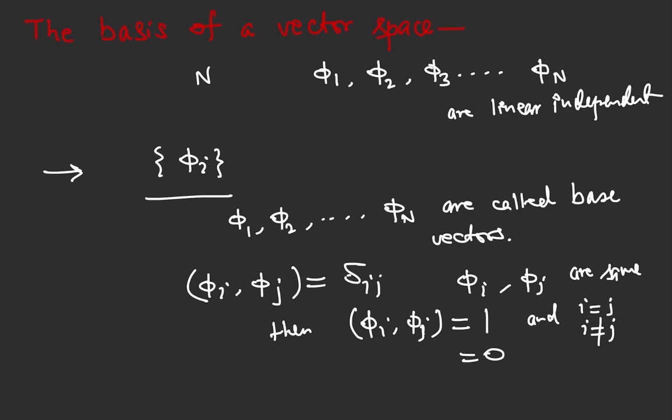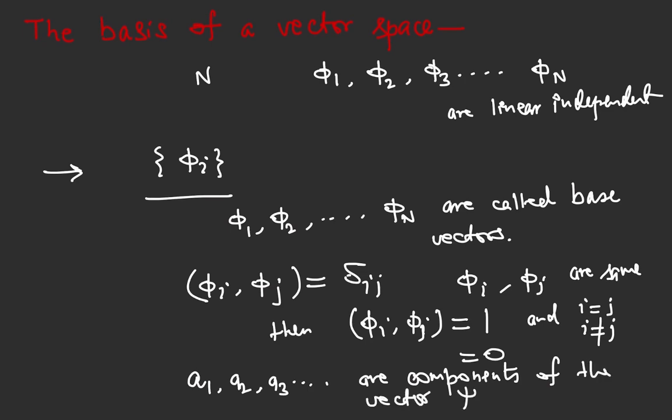The expansion coefficients a1, a2, a3 are called the components of the vector psi, and each component is given by the scalar product of psi with the corresponding base vector.